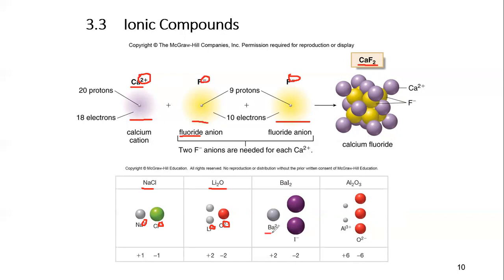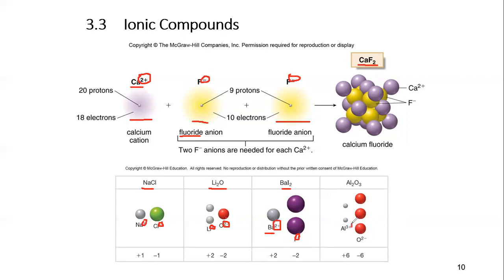Next we have barium. It has a +2 charge because it's in group 2. Iodide is -1 because it's in group 7A. So to balance the +2 charge, we need 2 iodide anions. So we get BaI2.